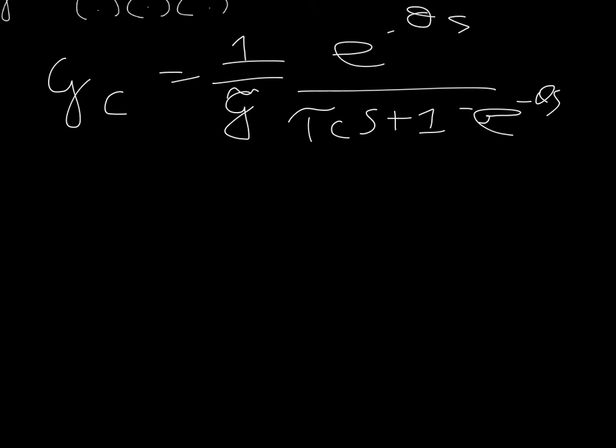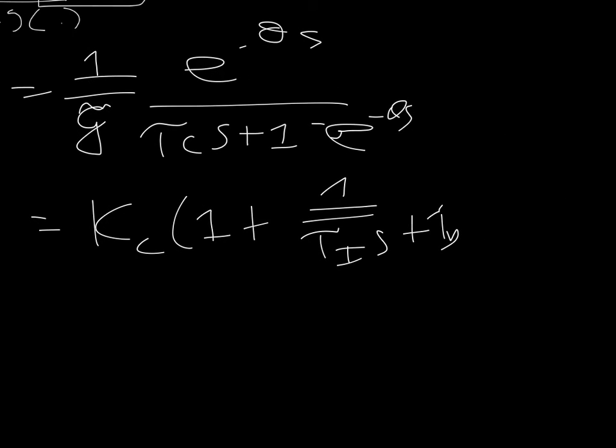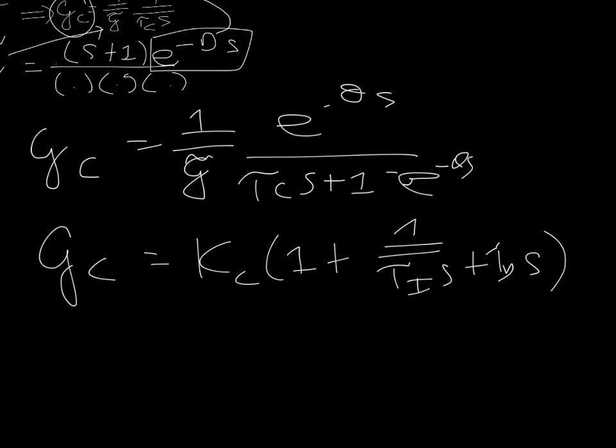So in practical cases, GC will actually be equal to KC times 1 plus 1 over tau_I s plus tau_D s, or in other words, the ideal PID controller.